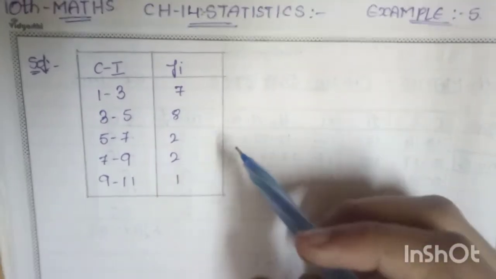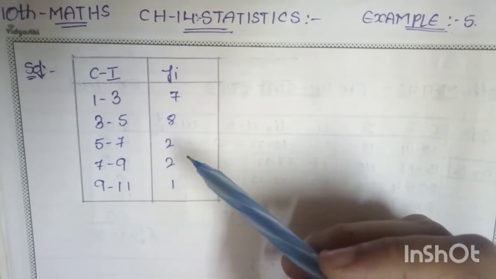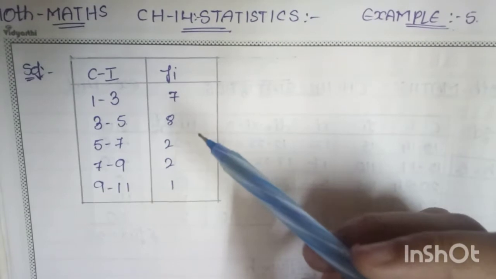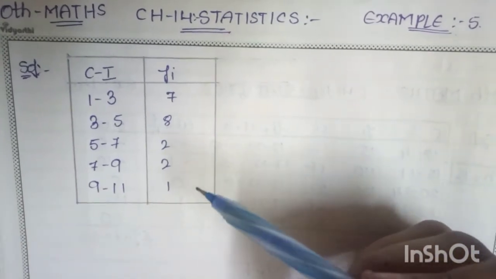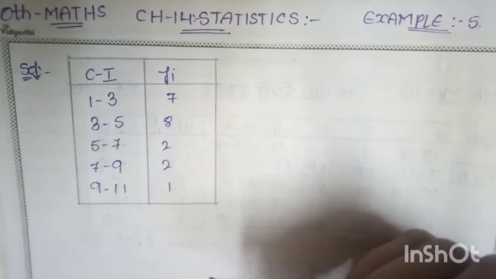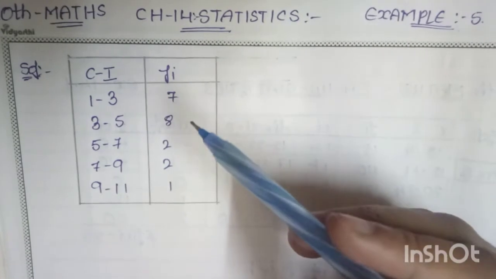I have copied the same question here vertically. First, for finding the mode of the given data, it is very important to choose the modal class. Based on what we choose the modal class is a big question for everyone. If you observe keenly, we have to choose the highest frequency.